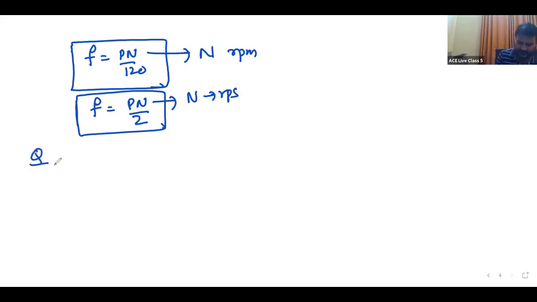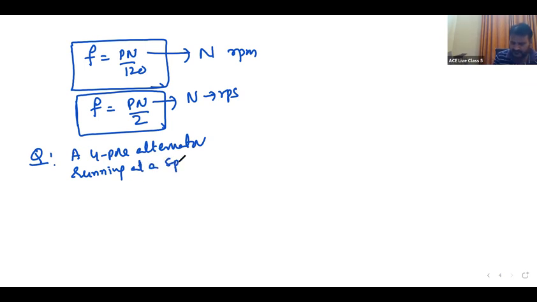A three-phase alternator with a four-pole, running at a speed of 25 RPS.